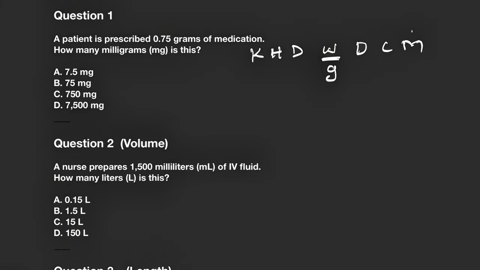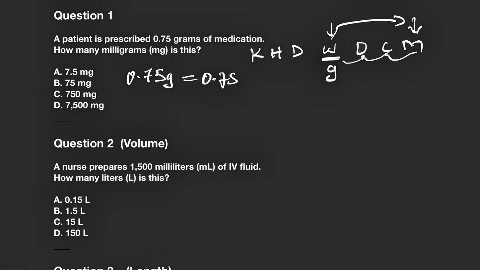So we are converting from grams to milligrams. So we are moving to the right. Therefore we have to multiply by what? 1, 2, 3. By 1000, the number of zeros. So 0.75 grams will be equal to 0.75 times 1000 milligrams.